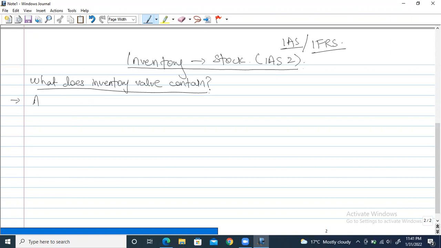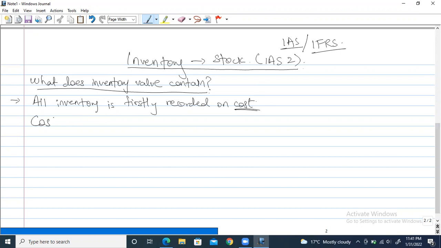Always remember, all inventory is firstly recorded at cost. Basically every inventory is kept at cost at first. Now, how do we calculate the cost? That's what we're discussing right now.